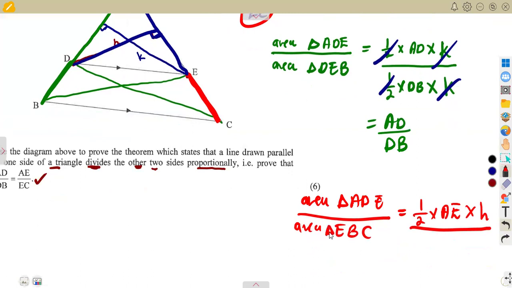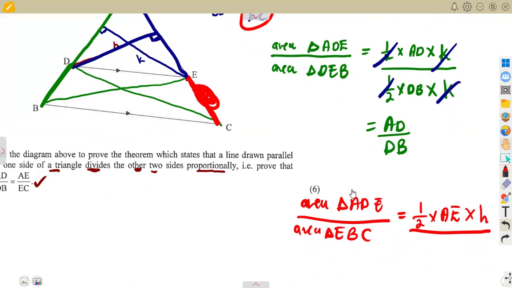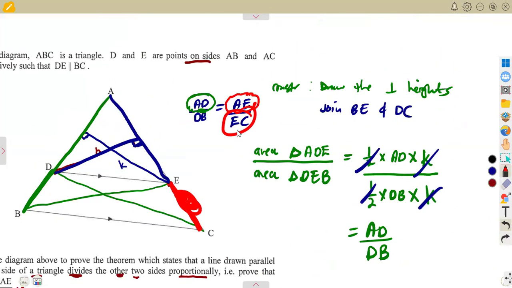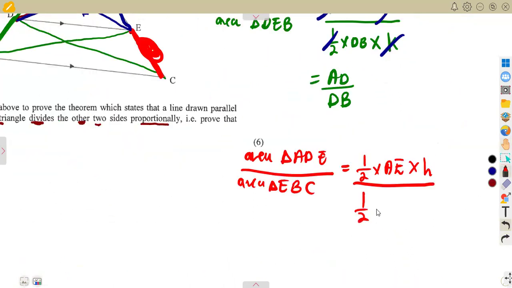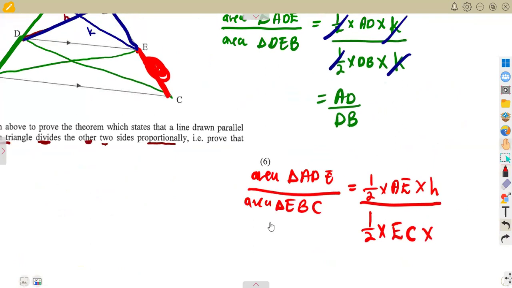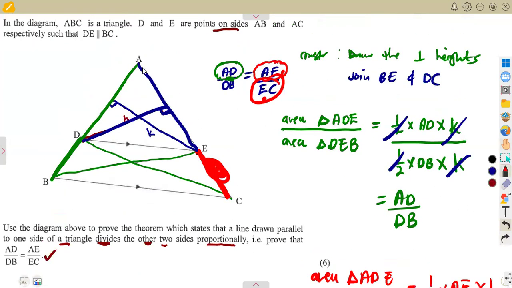This is triangle EBC. For EBC, I also have to maintain the base of EC, which is the one that I'm having on my ratio there, EC. So I'm supposed to maintain that. So it is half of the base, which is EC, times the perpendicular height. As long as it is on this line, AC, the perpendicular height to this line does not change.